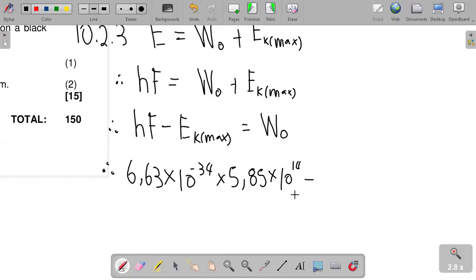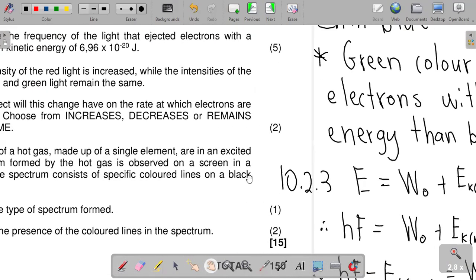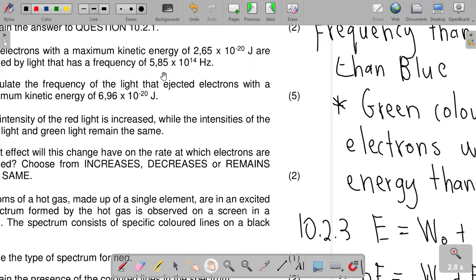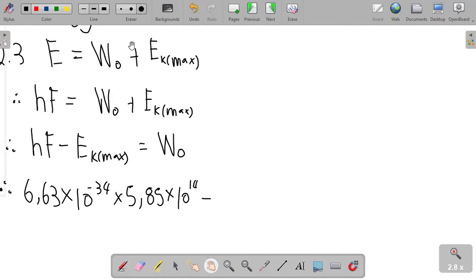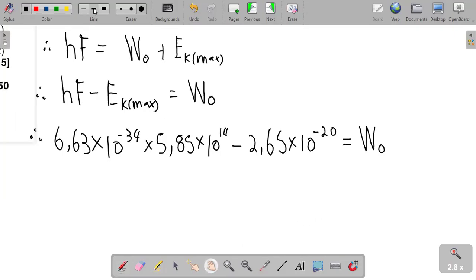Then minus the kinetic energy, which is how much? The kinetic energy is 2.65 × 10^-20. So 2.65 × 10^-20 equals W, the work function W naught.